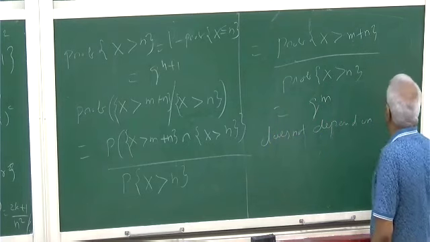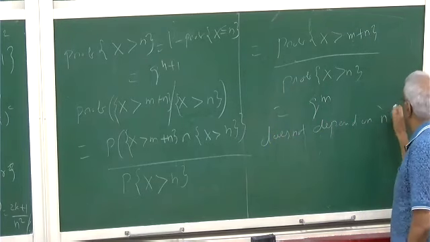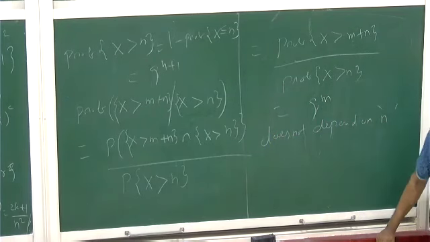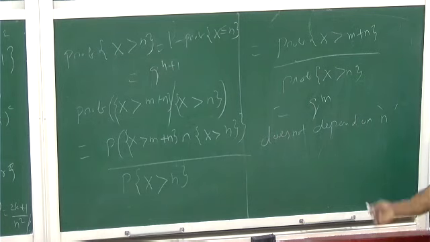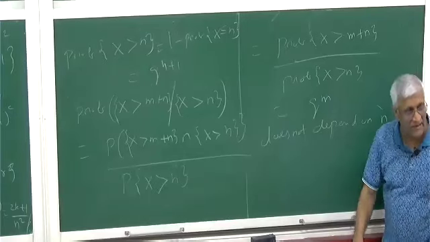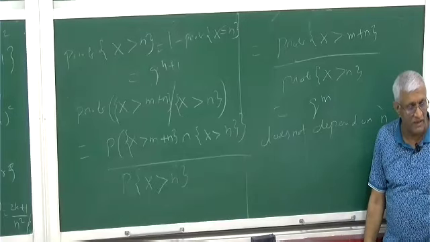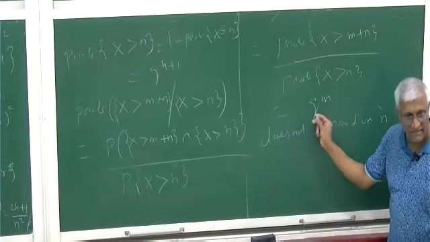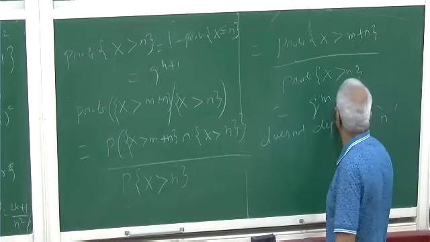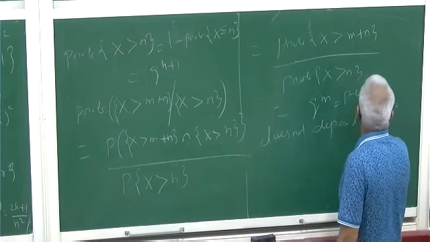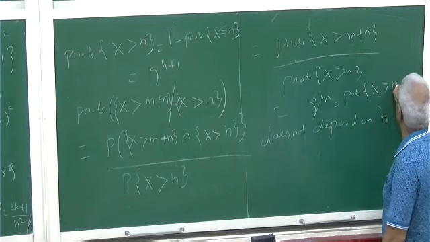Given that something has happened till n, it does not have any influence on what is going to happen at m. So the probability remains the same. This is equal to the probability of x greater than m.